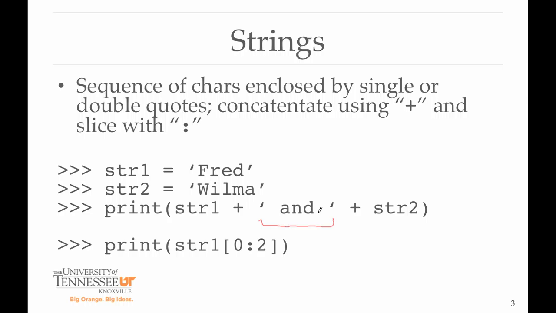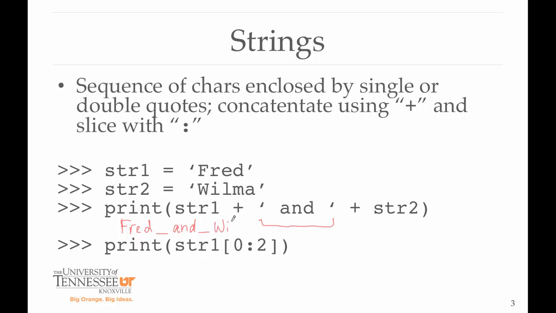If a space is a character, don't forget that. And then we concatenate the second string, str2. So if you look very carefully, you can see what we're doing here is printing out the first string, Fred, and then there would be a space, and then the 3 characters 'and', followed by another space, and then the second string, which is Wilma.